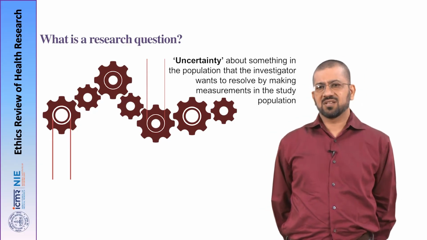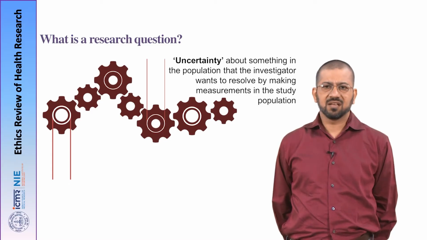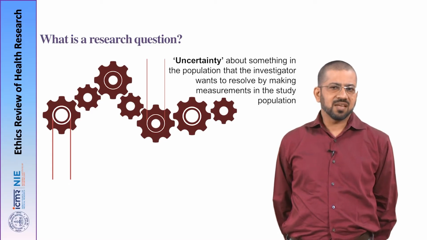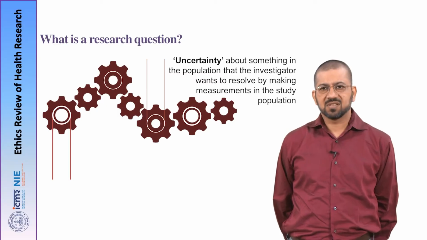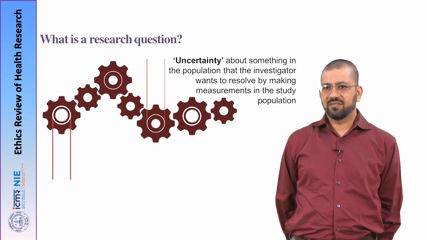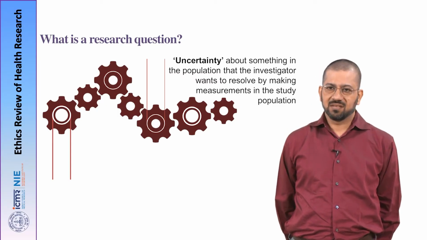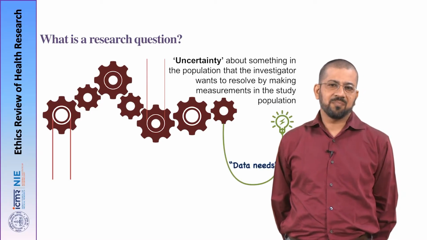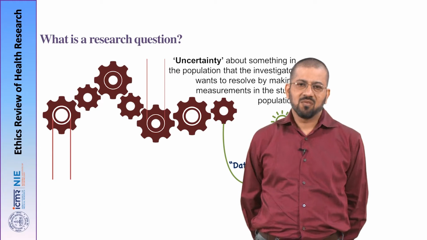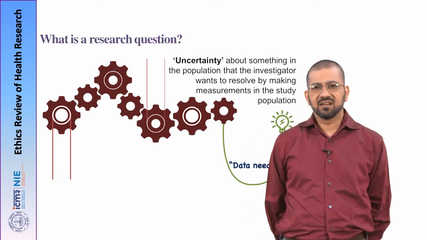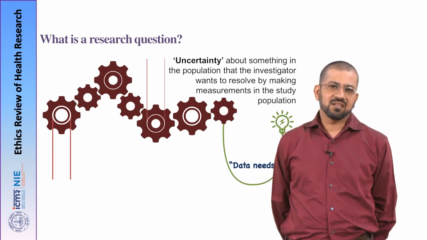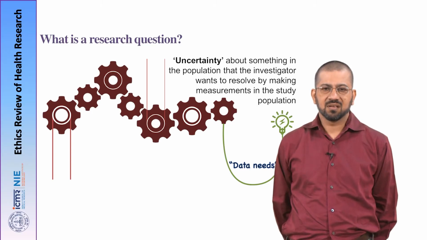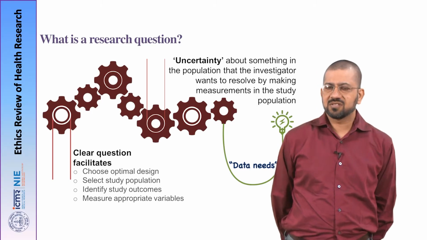Basically, a research question is nothing but an uncertainty about something in the population that the study investigator wants to know and resolve by doing the study itself. Epidemiologists would call it the data that is needed to convert that uncertainty into certainty.